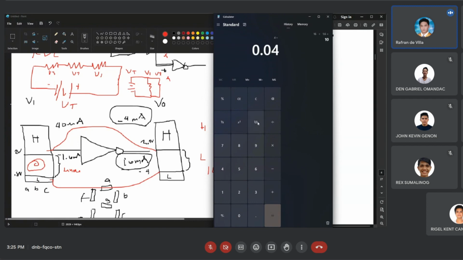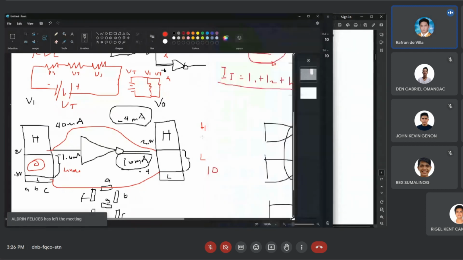So sa 4 milliamps nga high logic, maka-control siya og ingani nga number of input sa inverter. So 10. Okay.